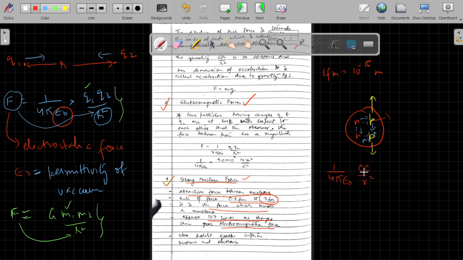This force between the protons would be some value, but the strong nuclear force is far stronger than the electrostatic force. Additionally, it also holds the quarks within the protons and neutrons close to each other, so it acts even inside protons and neutrons.